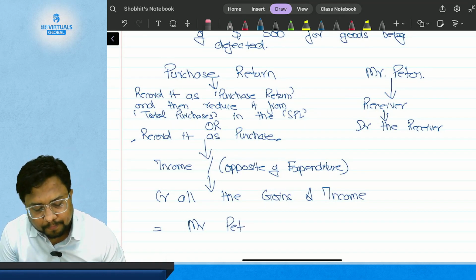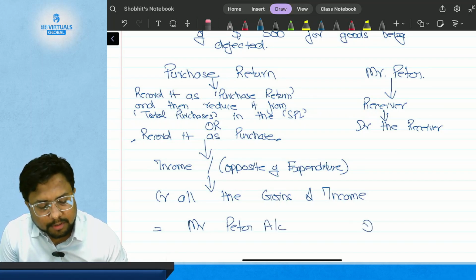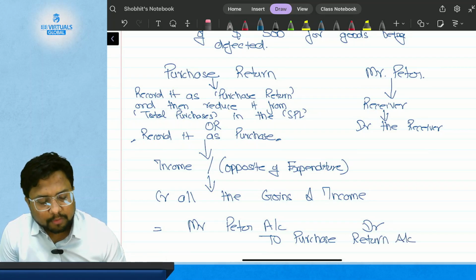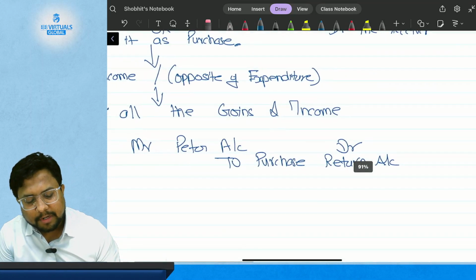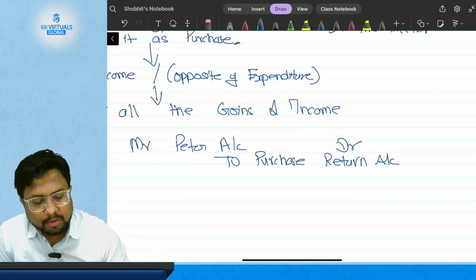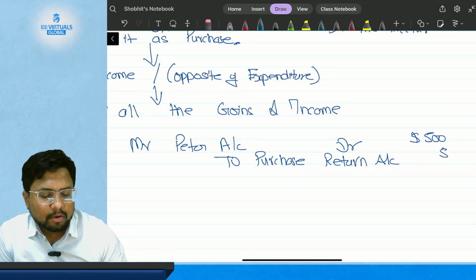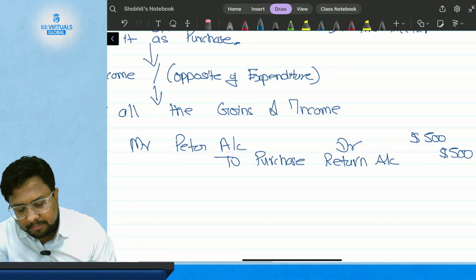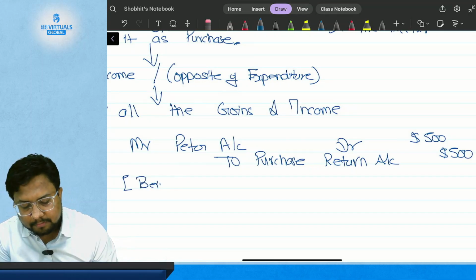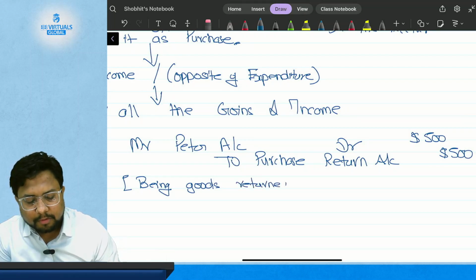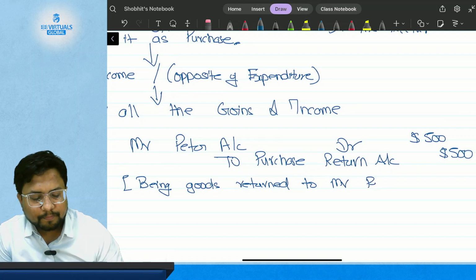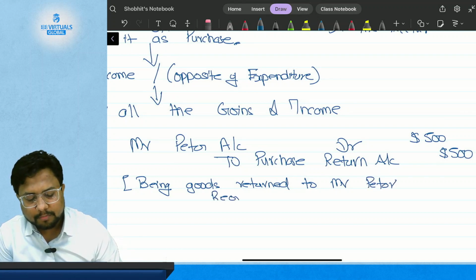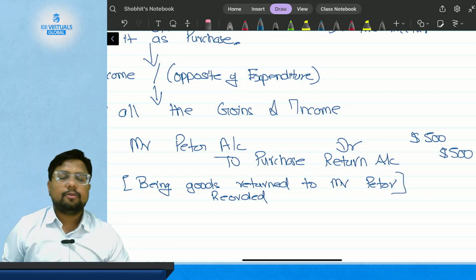Okay, so after applying the rules on this element on illustration number 6, my journal entry becomes that Mr. Peter account debited to purchase return account. My entry is Mr. Peter account debited to purchase return account of $500, and the narration will be: being goods returned to Mr. Peter recorded.